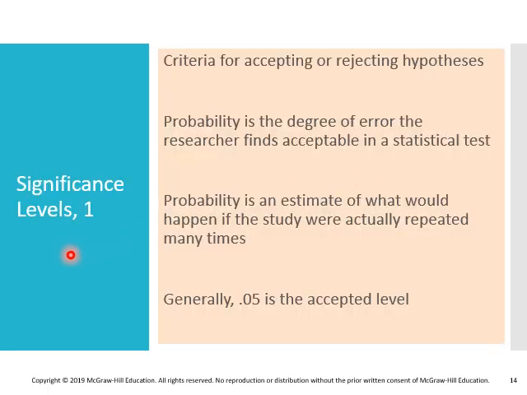All right, significance level, we talked about that a little bit at the start. It is the degree of error that the researcher is willing to accept in a study. So traditionally in communication and in most of social science, we will accept a 0.05 level as the probability level that we feel comfortable accepting. So what does the 0.05 mean?